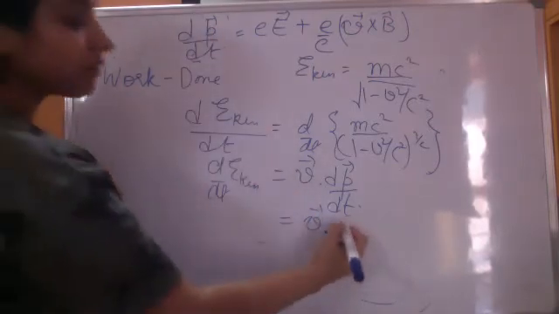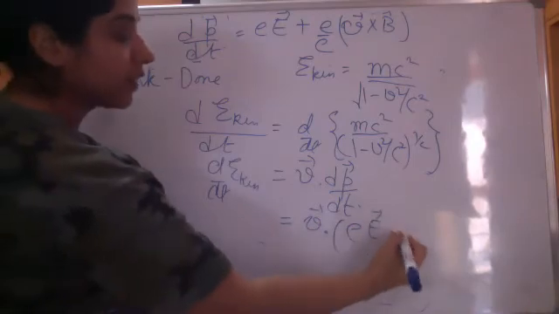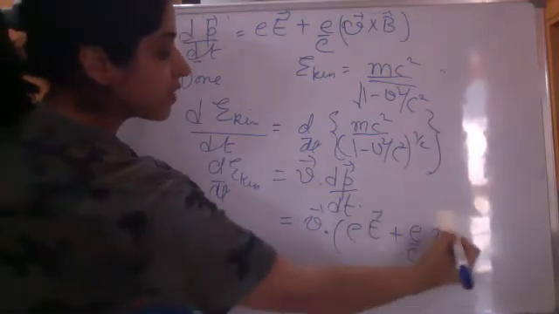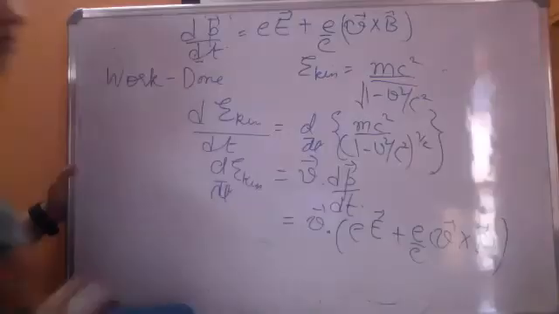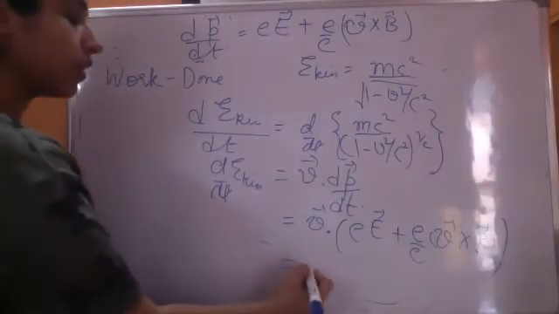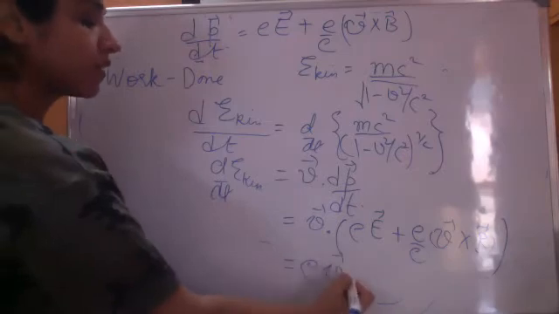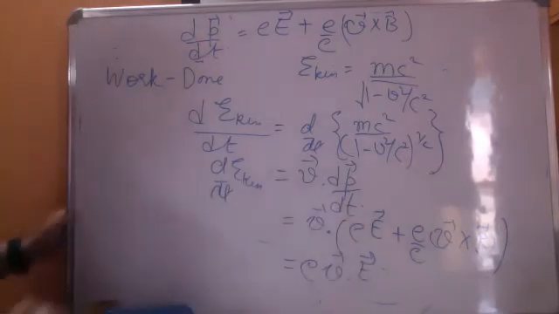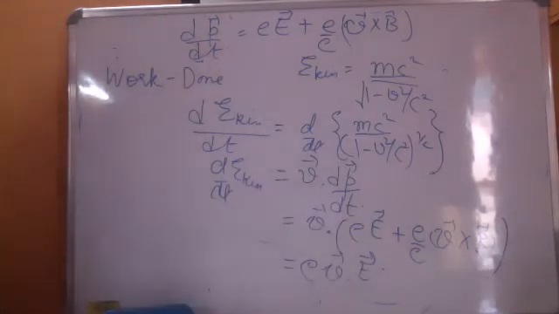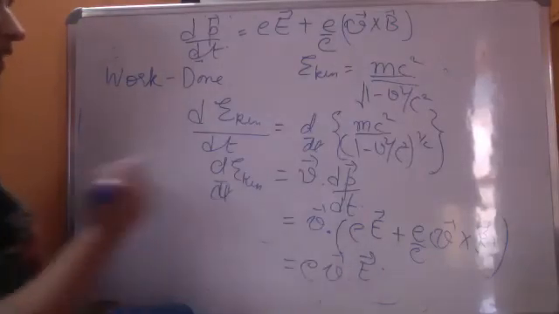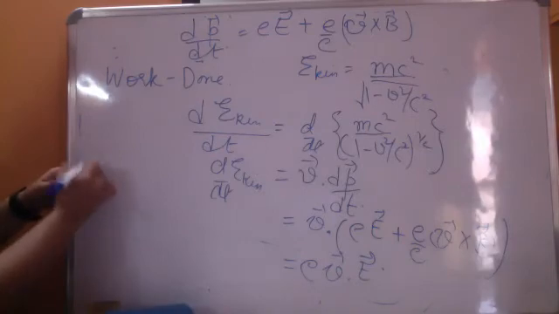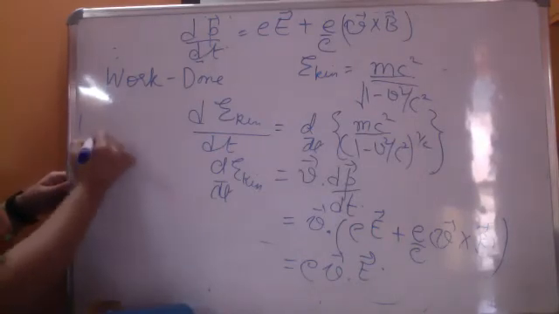So I have E plus v by c cross B. And naturally, this gives me that dE kinetic by dt is qE dot v.